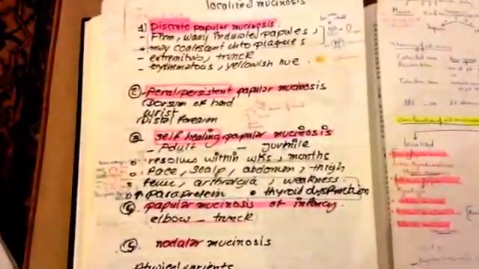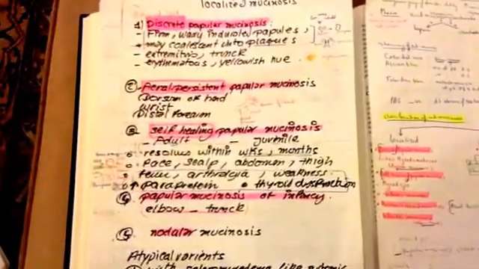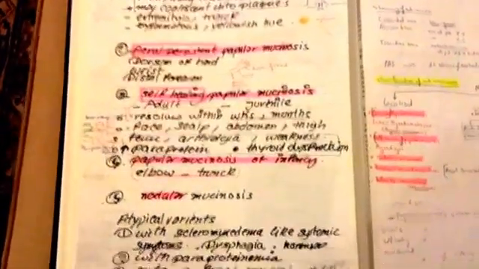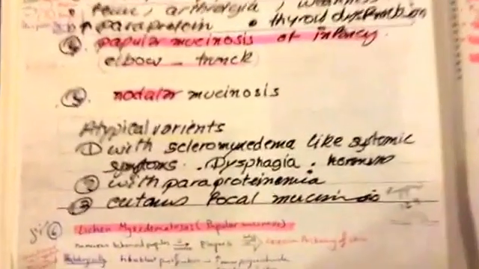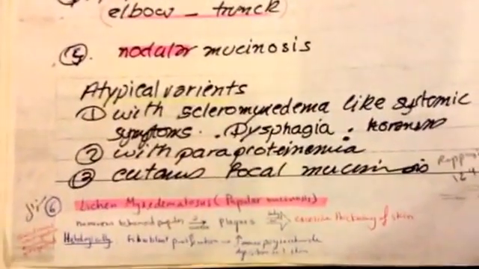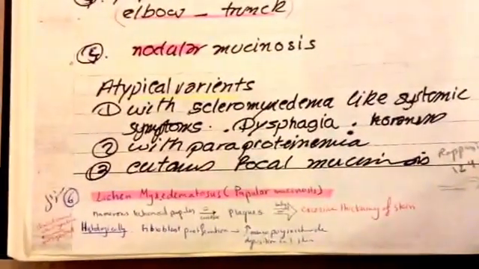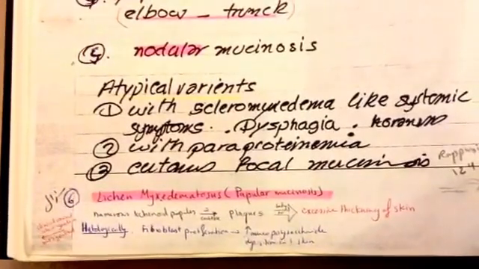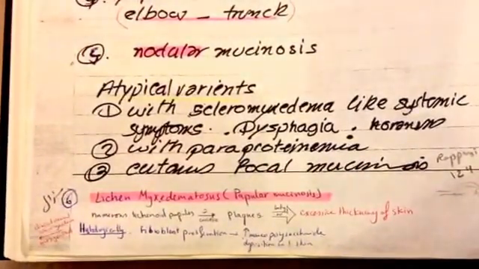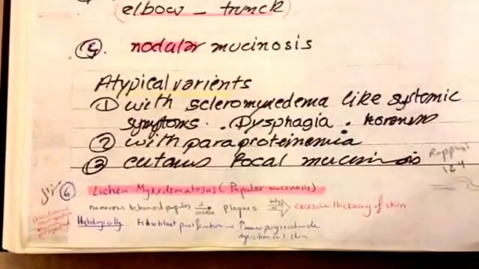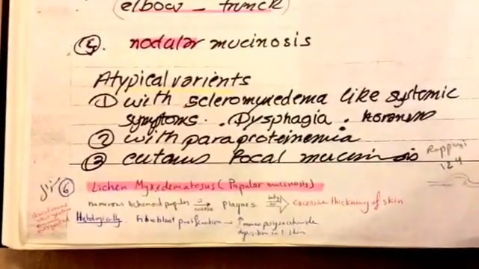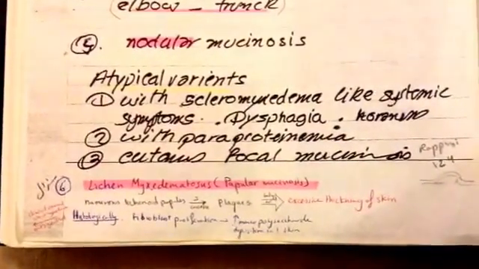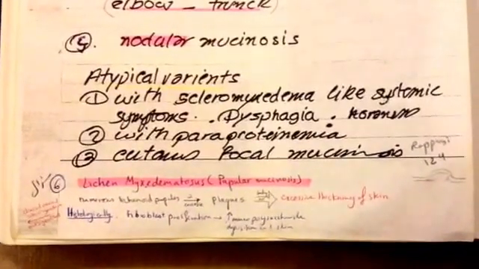The localized mucinosis, the discrete papular mucinosis, and down here there is the lichen myxedematosus, which could be a part of the scleromyxedema. In papular mucinosis or lichen myxedematosus, there are numerous lichenoid papules which coalesce, forming plaques, leading to extensive thickening of the skin.